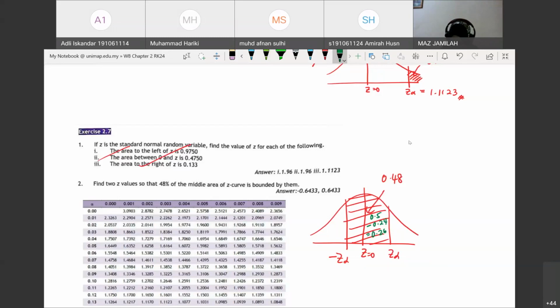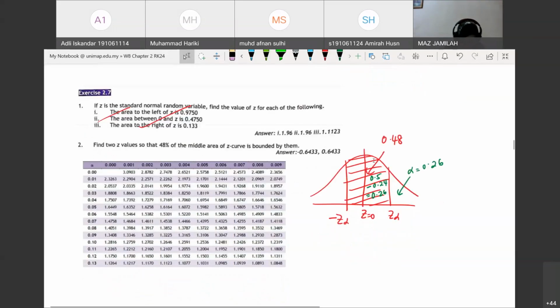So if this is 0.26, then alpha is given by 0.26 here. Okay, so look for 0.26.